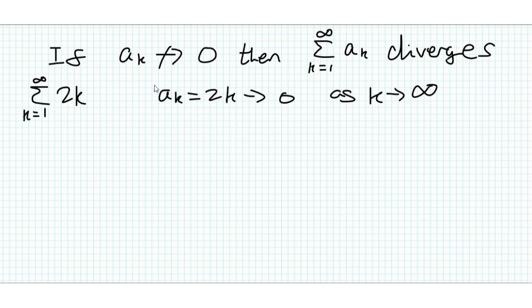As I say, if this sequence doesn't go to 0. Okay, so hopefully you understood this video. In the next video we'll probably follow a similar format. We might use this divergence test in a couple more examples, maybe a counter example to show that when ak tends to 0, that doesn't mean we necessarily get convergence.